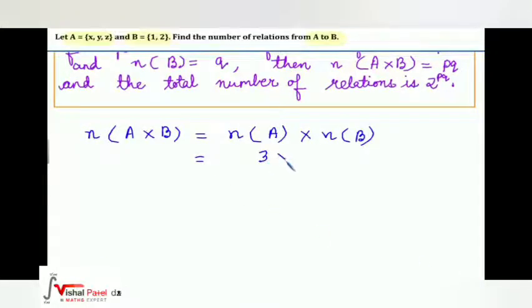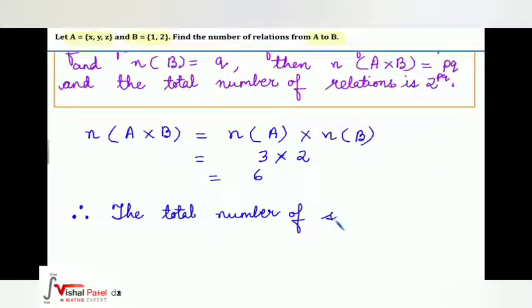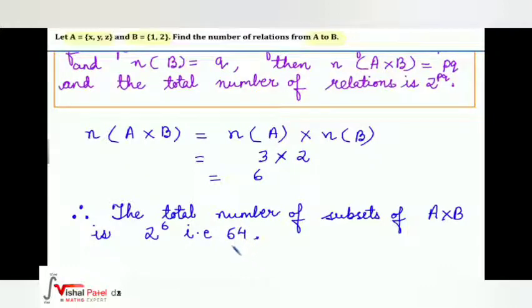We studied this in the previous lecture 2.1. So number of A cross B is equal to 6. So the total number of relations is equal to 2 raised to 6. The total number of subsets of A cross B, which is also called the relations from A to B, is 2 raised to 6, that is 64. 64 is your final answer.